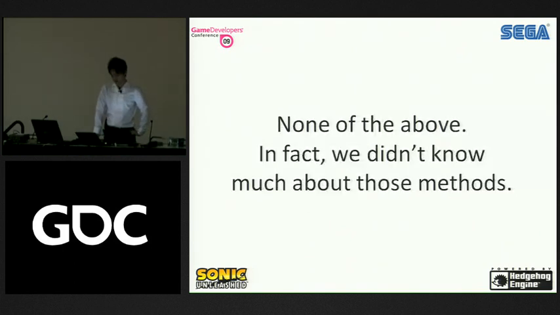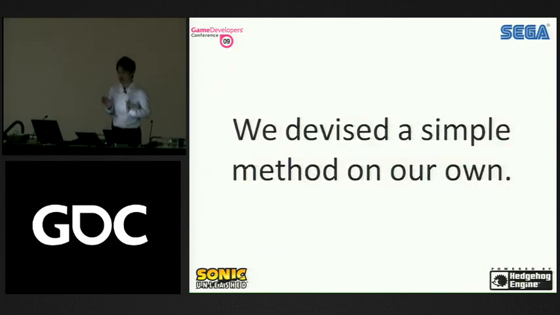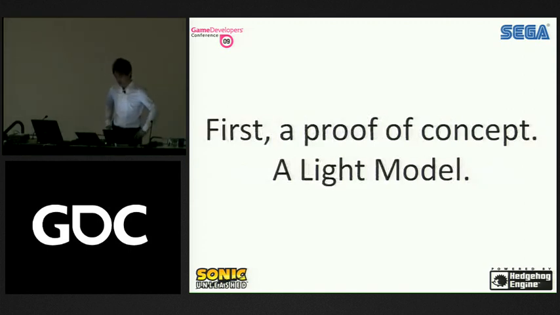Can we use ray tracing, radiosity, photon mapping? No, actually not. We didn't use any of those. In fact, we didn't know very much about those methods, actually. So we decided to create a very simple way of doing this ourselves.